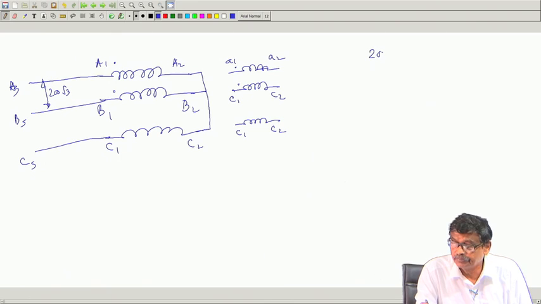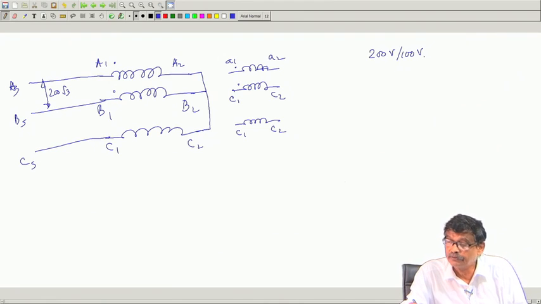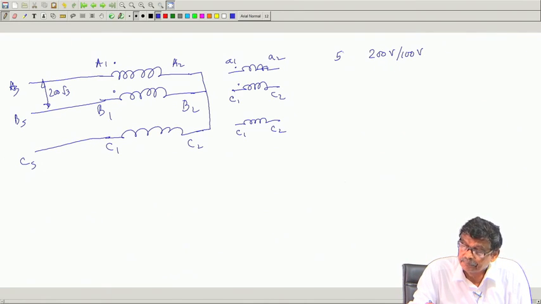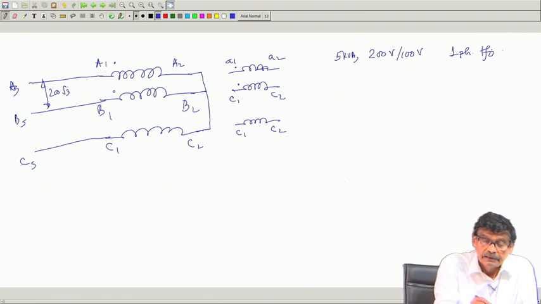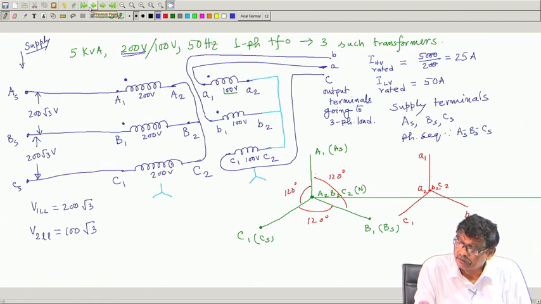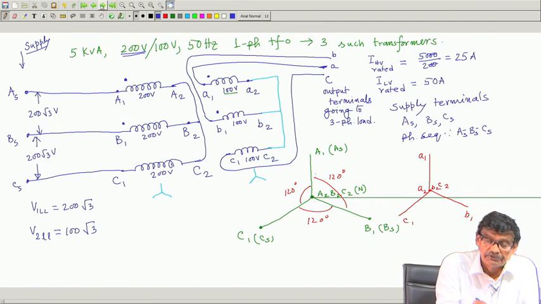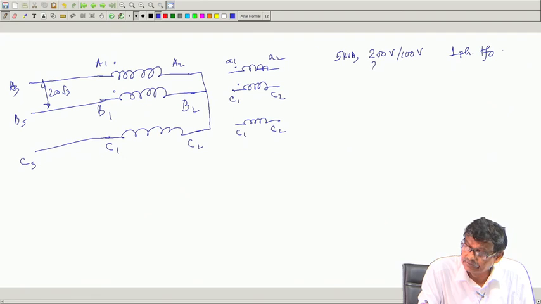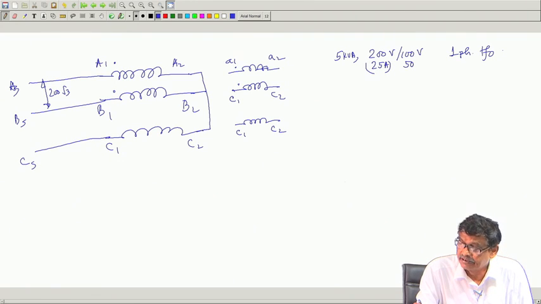Because the rating of each transformer was 200 volt, 100 volt, 5 kVA, single phase transformer. And the rated current of the HV side was 25 ampere. This was 25 ampere rated current, and the rated LV side current will be higher, 50 ampere, 2 times.